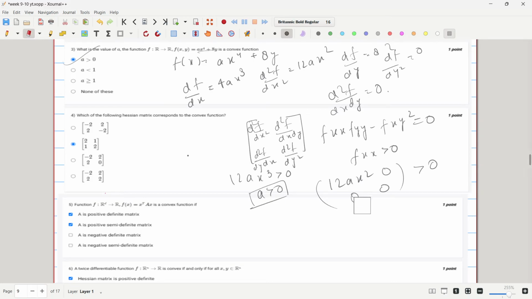Just remember the property of a Hessian matrix: d square f divided by dx square should be greater than 0. What is d square f divided by dx square? It is 12ax cube. So for this whole expression to be greater than 0, a should be greater than 0, depending on the value of a.